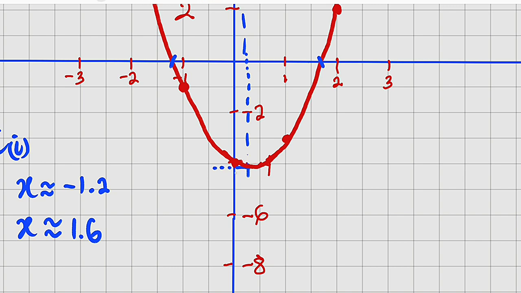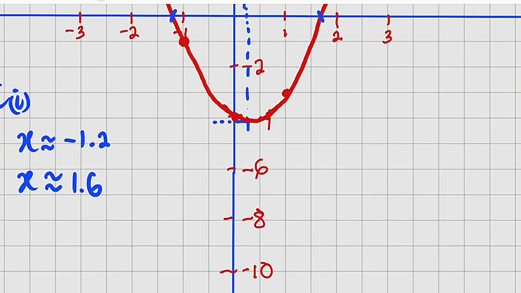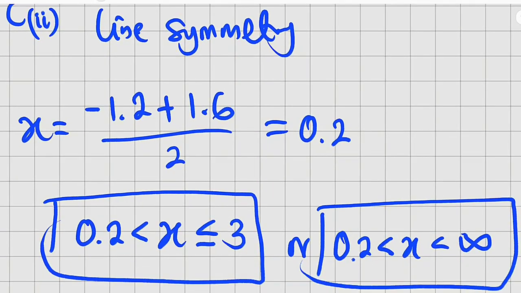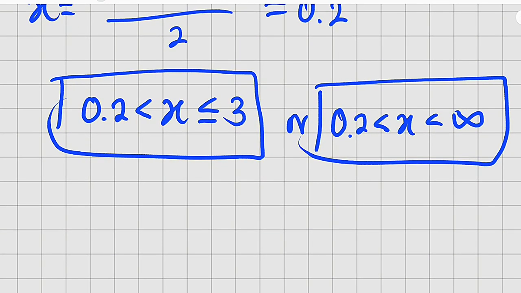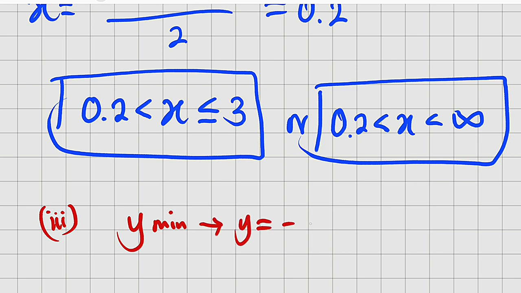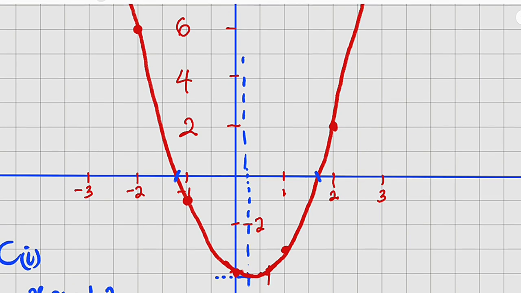So the minimum could be -4.1 or -4.2. Let us take -4.2. Those fractions are not going to be considered. So Roman number 3, y minimum will be at y equals -4.1 or -4.2. Let us use -4.2. And I think this is the end of these questions.